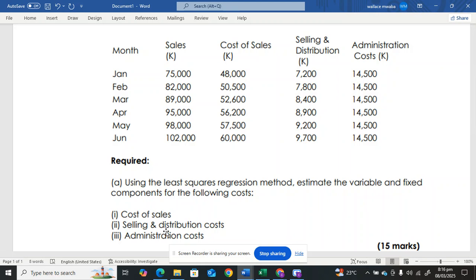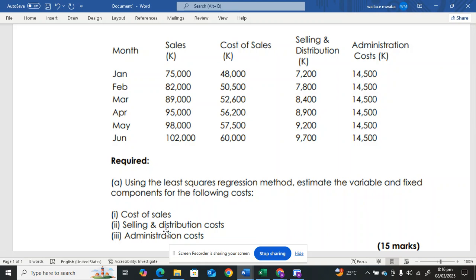Okay, so before we start answering this question, we have to understand what is happening here. The management for this company wants to split their costs into fixed and variable costs.